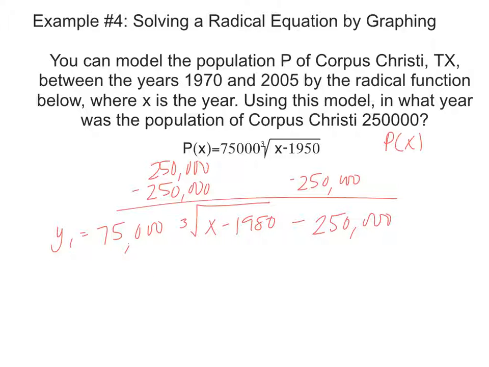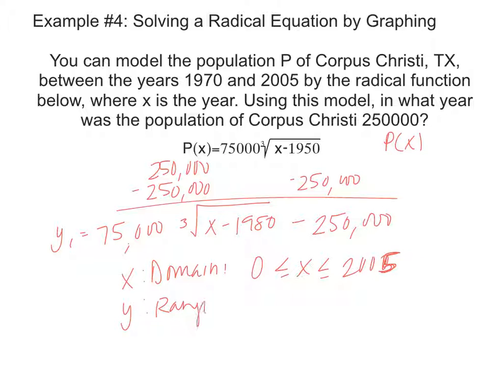Okay, then you need to fix your window. Your x values is your domain, and those values should be from 0 to 2005, right? Because that's based on the year 2005. Y is your range, and that should be based on the amount of people. And I needed to be able to see below the graph, so I went from negative 100,000 up to 250,000.